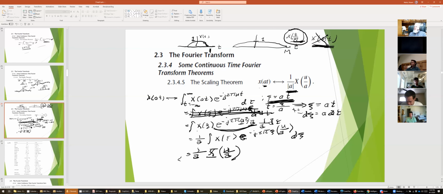And when we make the substitution, C is equal to AT, we have to ask ourselves in the integral, if T is equal to minus infinity, what is C equal to? Well, C is equal to minus infinity only if A is positive, right? So this becomes minus infinity to infinity under the assumption that A is positive.